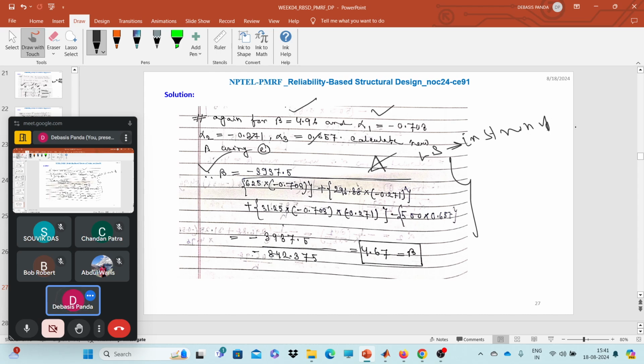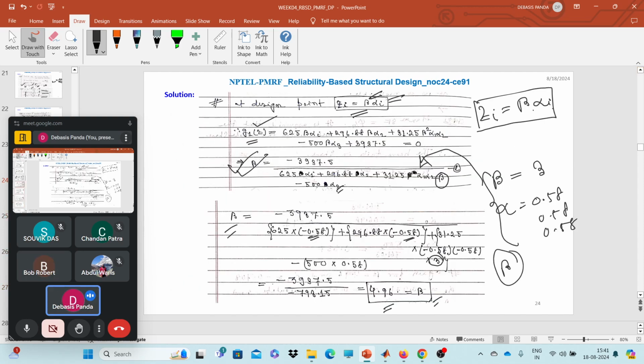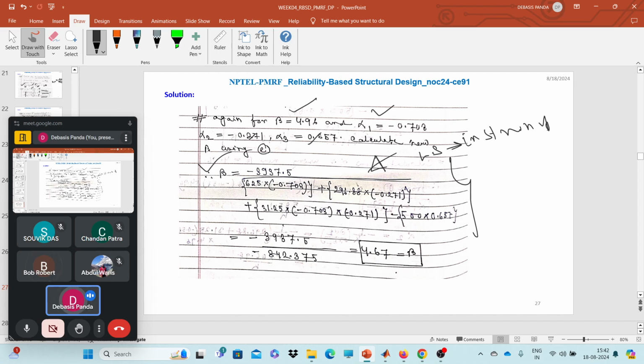Yes or no? We are dealing with this equation. It's an iterative process. The iterations are what we are doing here. So again, we found the new beta, and that comes as 4.67.